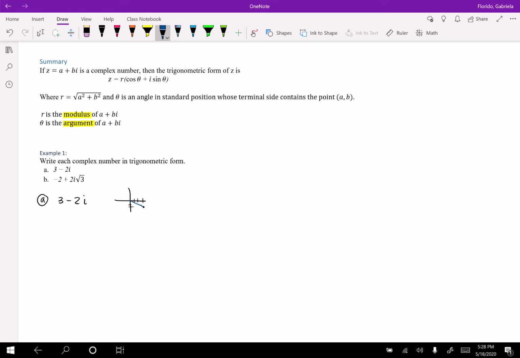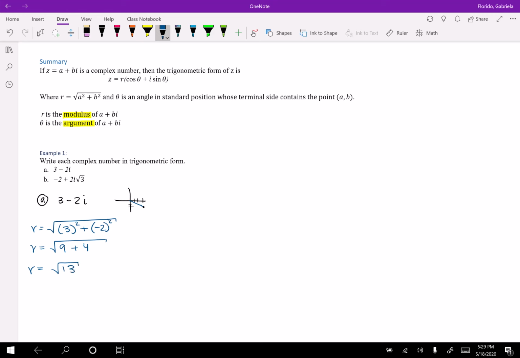So we have that r is equal to the square root of my real part squared, which is 3, plus the imaginary part, which is negative 2, squared. So I get r is equal to the square root of 9 plus 4, and r is equal to the square root of 13.